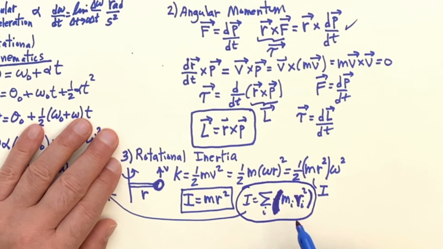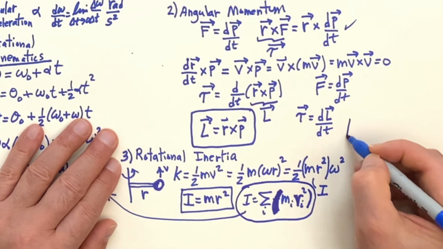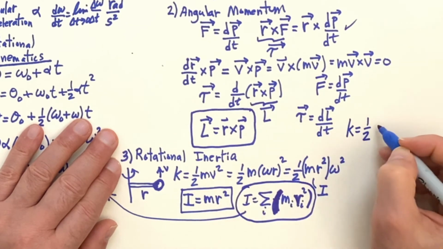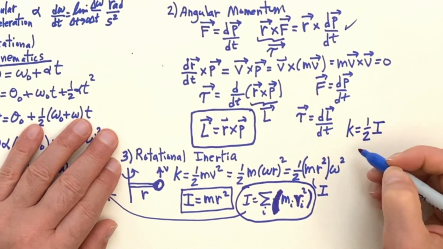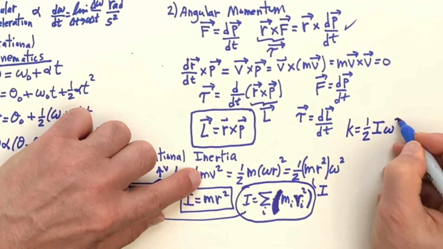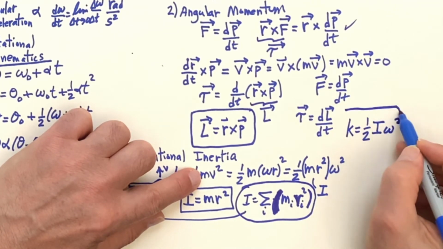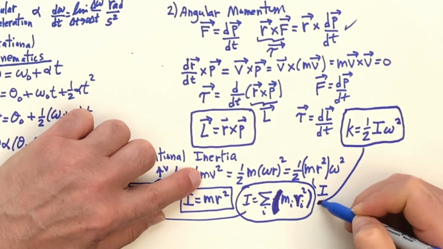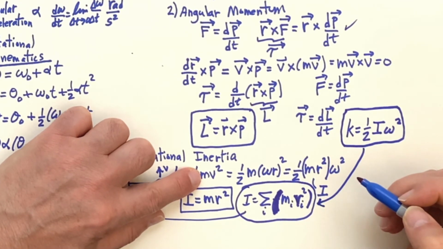Now notice that the kinetic energy, here's 1/2 mv squared. The kinetic energy for rotation would be 1/2. The analogous thing to the m is the moment of inertia, and the analogous thing to the velocity is the omega. So you would have this nice relationship here with the moment of inertia being given by that general formula.